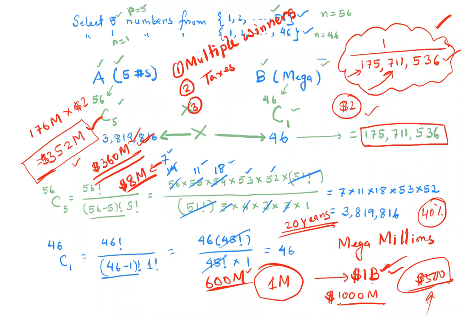There is an option where you will be getting the present value of this $600 million cash flow over 20 years. That means instead of getting, let's say, 30 million each year, okay? So you're gonna get in year 1, 30 million, year 2, 30 million, year 3, 30 million. And after the 20th year, you'll have gotten $600 million.